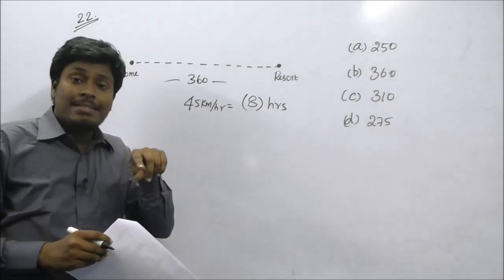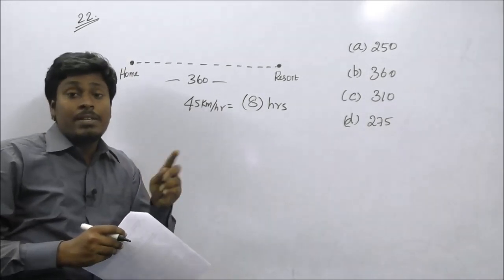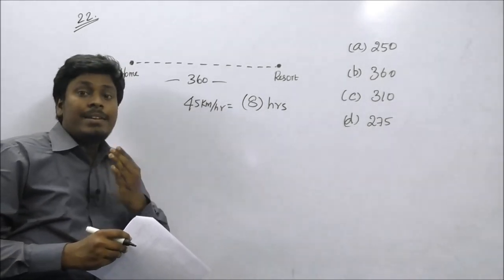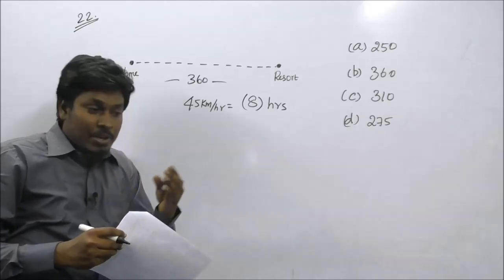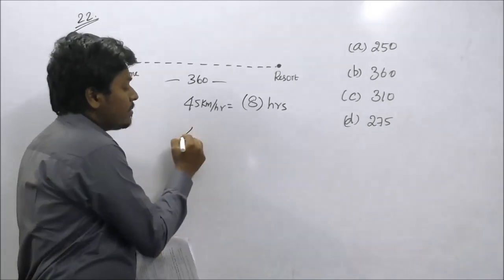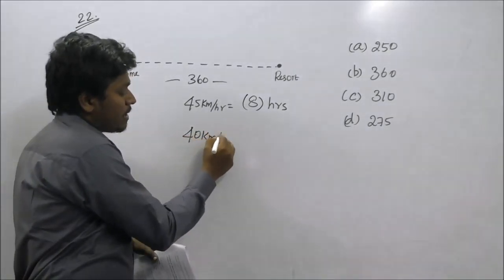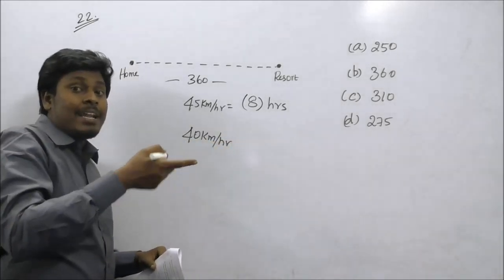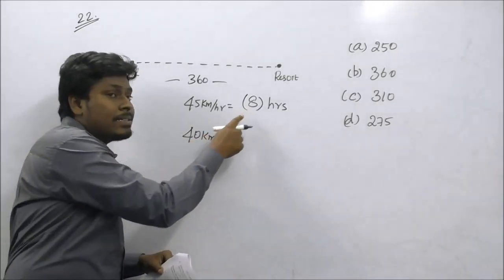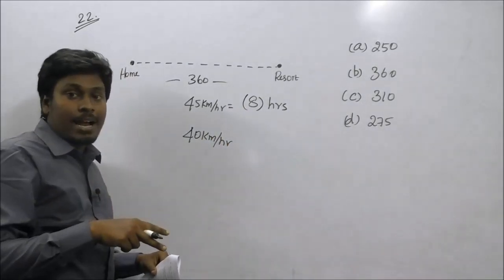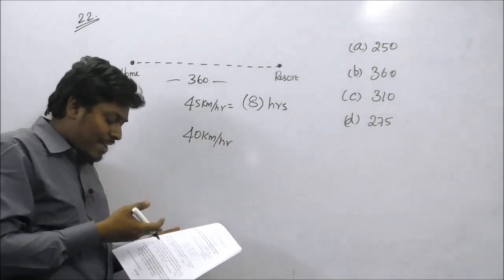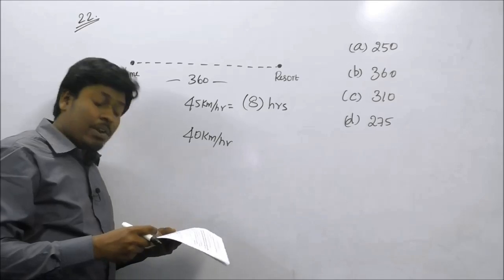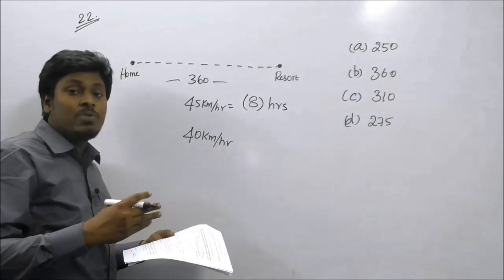But the second thing we should concentrate on is the return. His speed decreases to 40 kilometers per hour because of traffic. Another thing they have said is that the return took an hour longer. So if it is 8 hours while going, while returning it takes 9 hours. Understood why? Because of traffic, it took 1 hour longer.